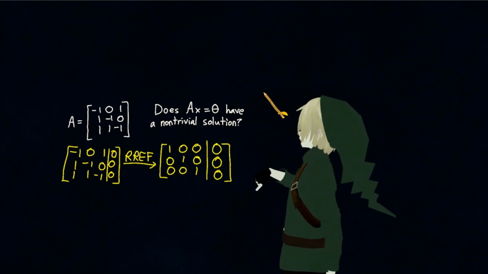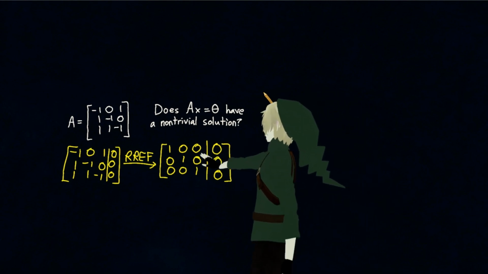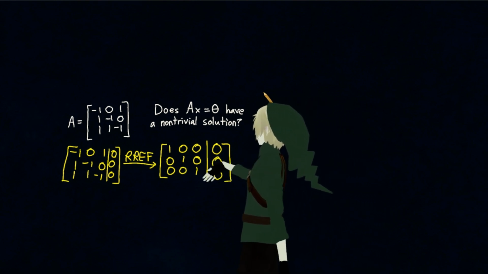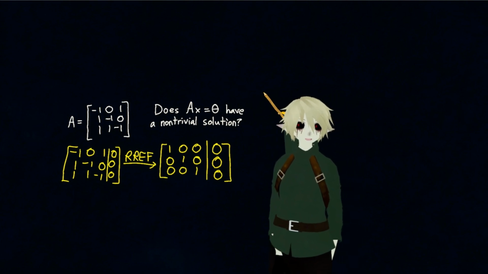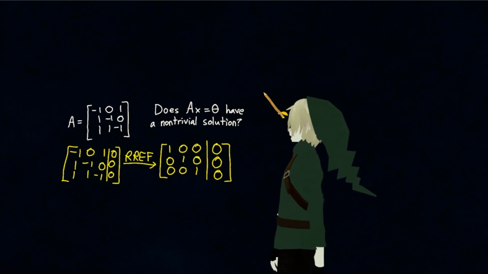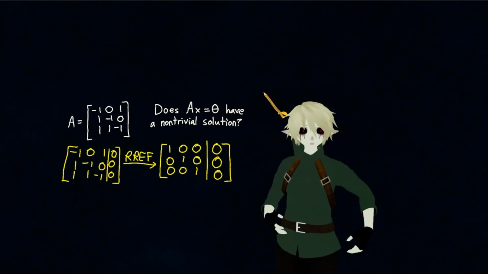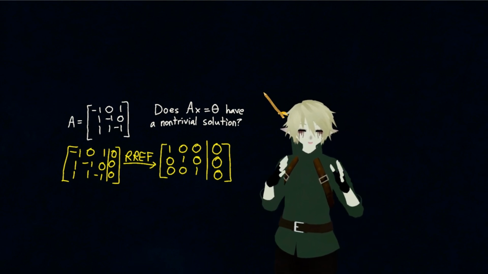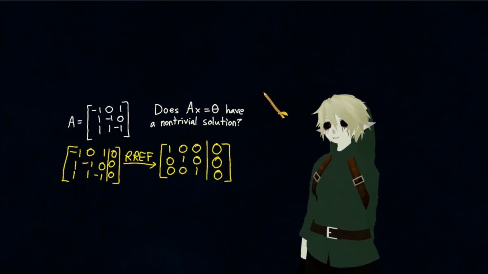That matrix A is non-singular because it only has a trivial solution. If it has free variables, then it would have non-trivial solutions. Okay? So that's how we determine if A is non-singular, or if a square matrix has a non-trivial solution when we put it in a homogeneous matrix equation.